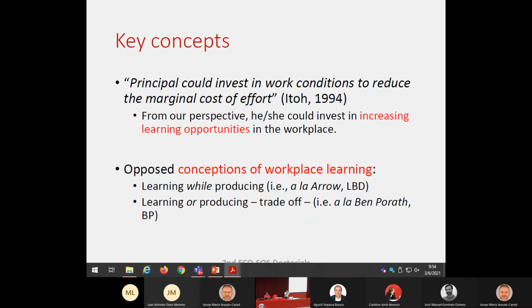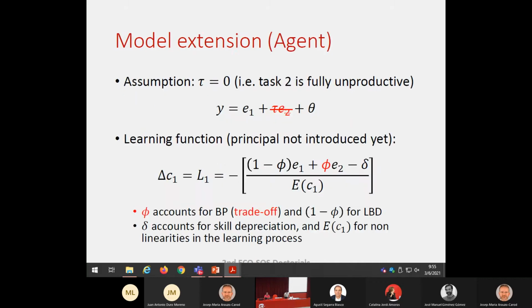That learning implies a trade-off and takes away some effort from the productive process. Like maybe going to a training course would be a really direct example. And then all these ideas we are trying to include in this multitask principal agent framework, okay?